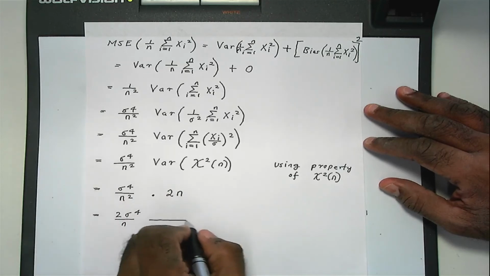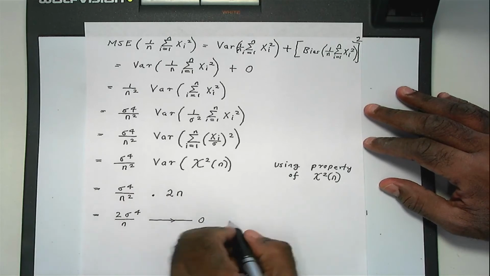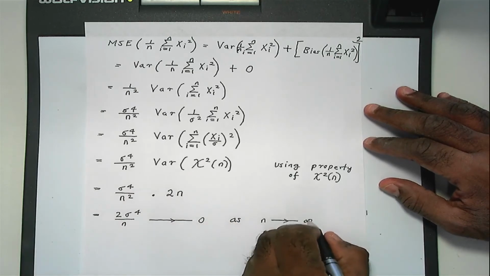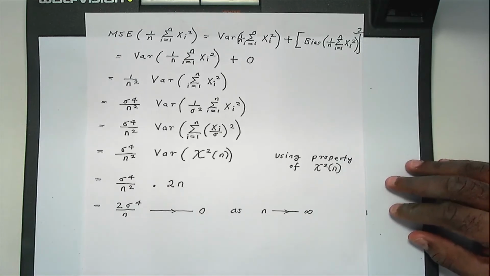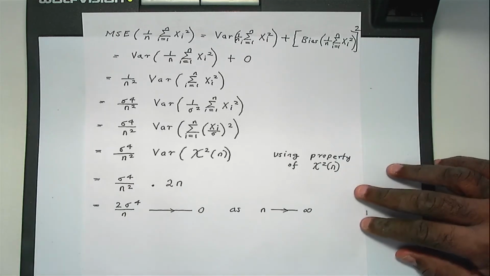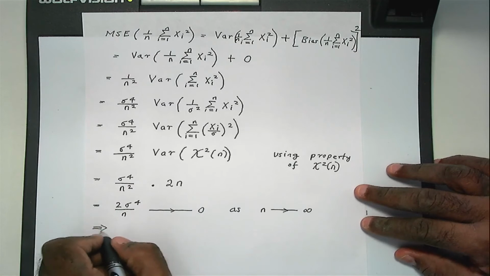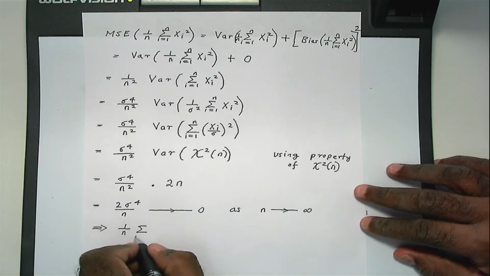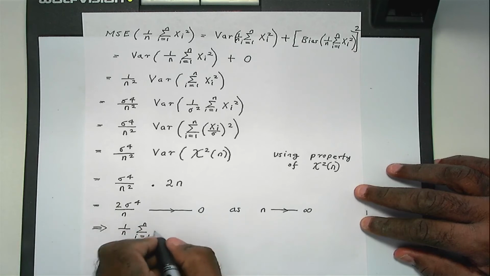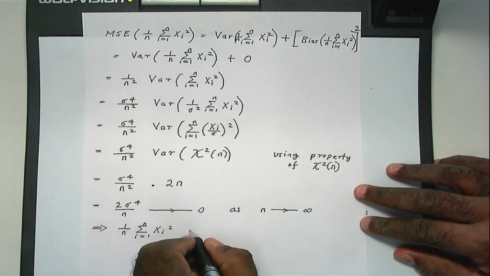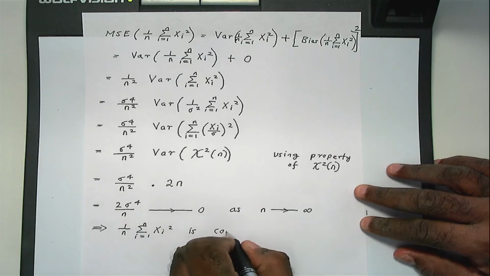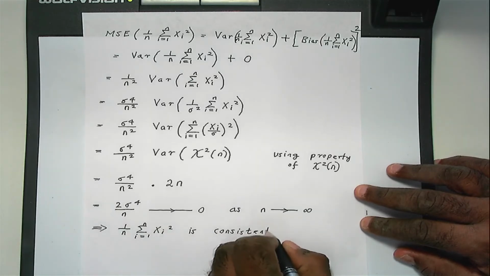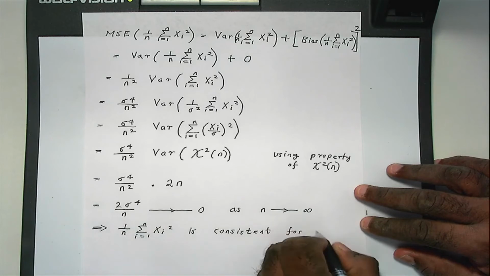And this approaches 0 as n approaches infinity. Right, so the conclusion here is that this estimator is consistent for sigma squared.